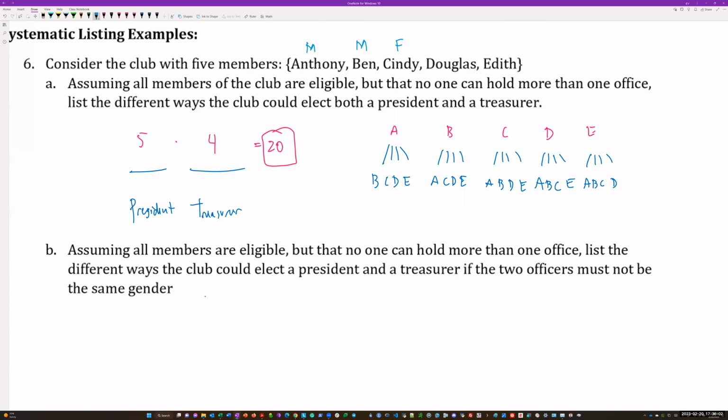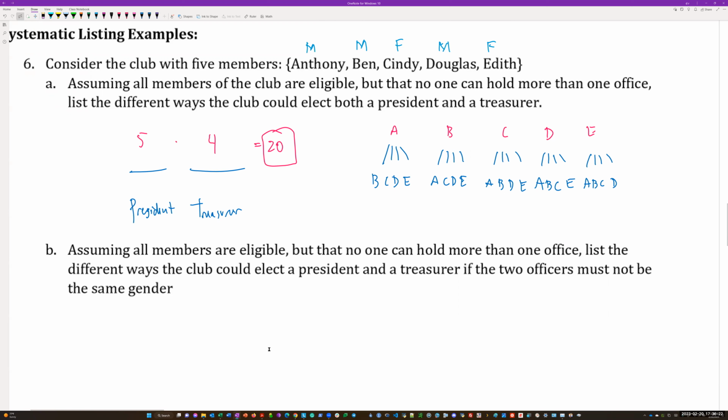Douglas, what do you want, male or female? Male. Edith, female. I think that was my grandmother's name, my great grandmother actually.